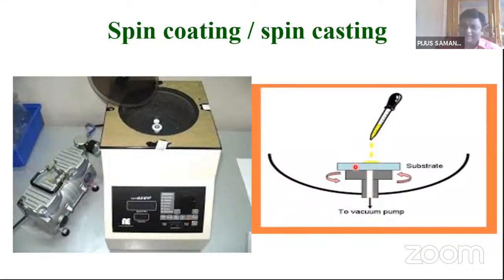The substrate on which we want to grow the film is put over here, and this narrow hole is connected by a tube to a vacuum pump. When the vacuum pump is on, it evacuates the air in this region, while the outer side is open to atmosphere. So the outer side has a high pressure and here we have a low pressure, and the substrate is stuck to the table.